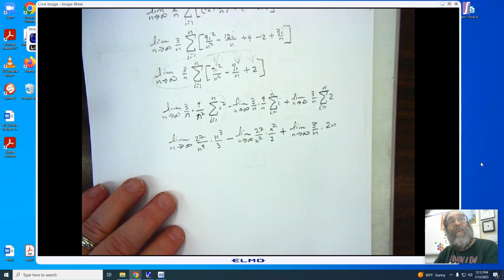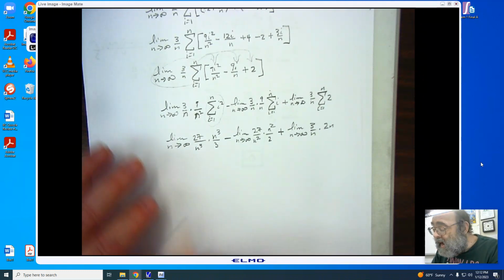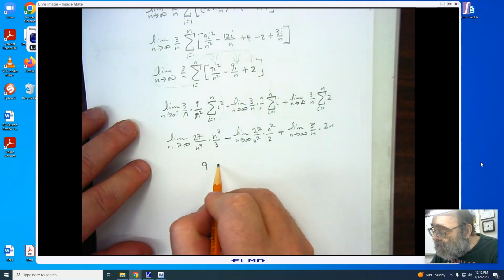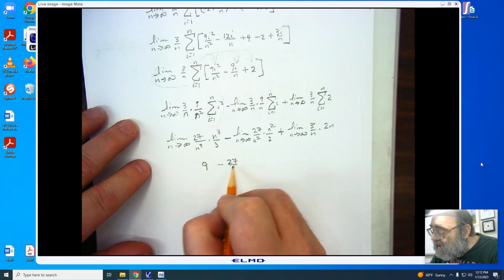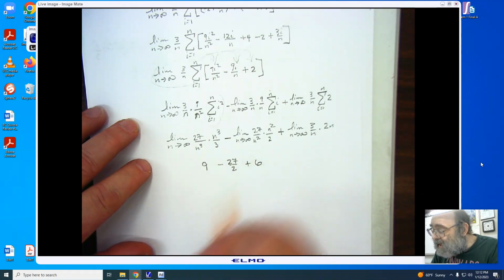We're now going to simplify each piece so that we can add them together. 9 minus 27 halves plus 6.